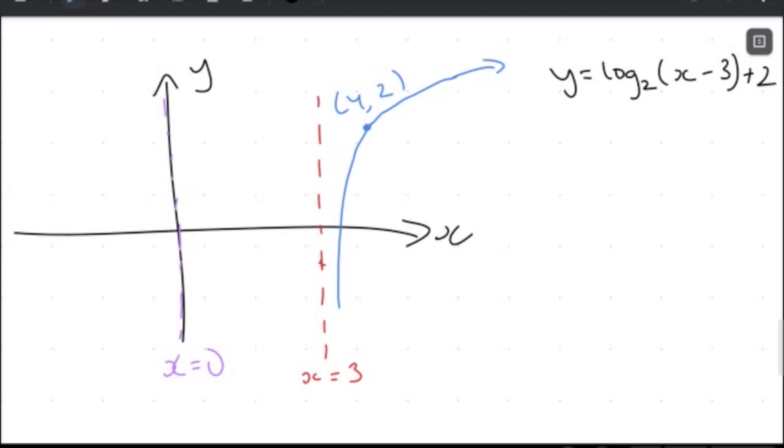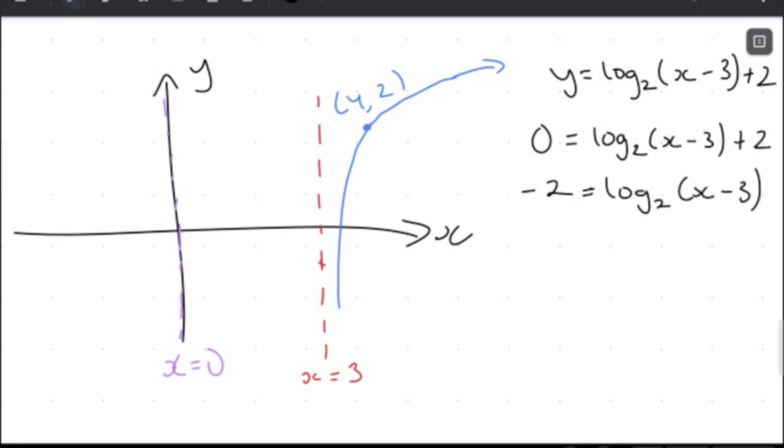And we have an x-intercept when y equals 0. So I'm going to set y to equal 0, and I have log to the base 2 of (x minus 3) plus 2. And I'm going to rearrange the equation. I'll subtract 2 from both sides. This gives me negative 2 equals log to the base 2 of (x minus 3).